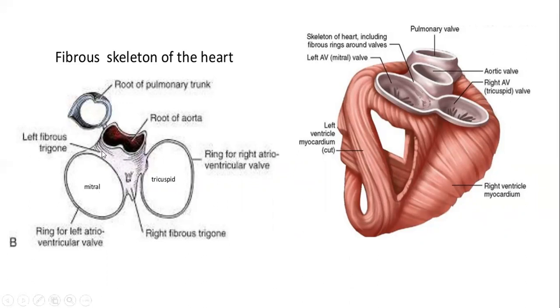These trigone areas basically represent the connection between the two rings. The areas where two rings come in close contact, the areas of those attachments, are called the fibrous trigone areas.